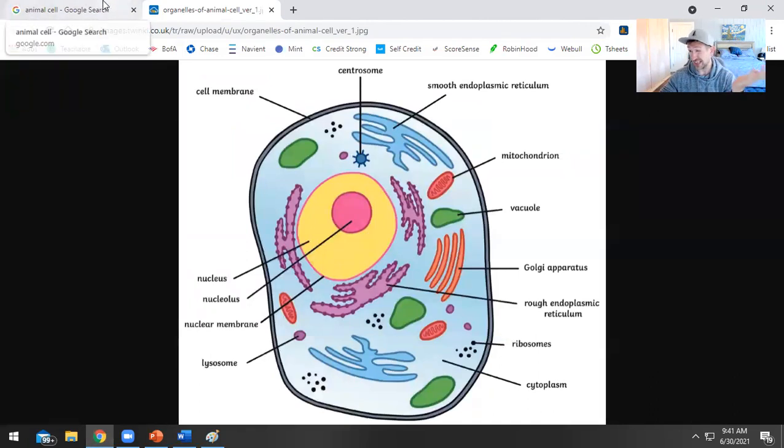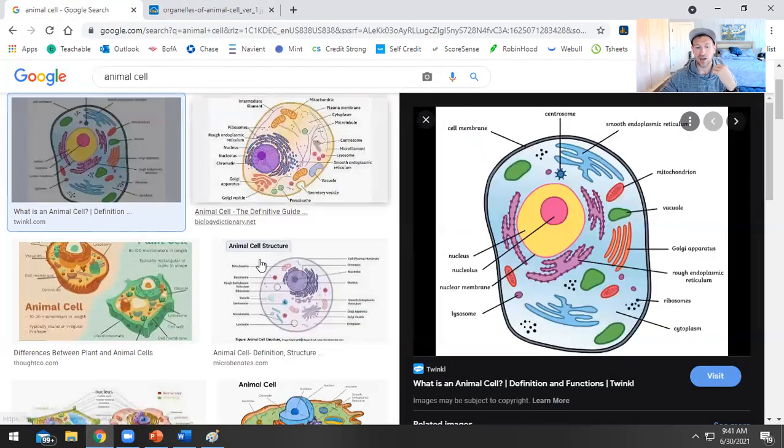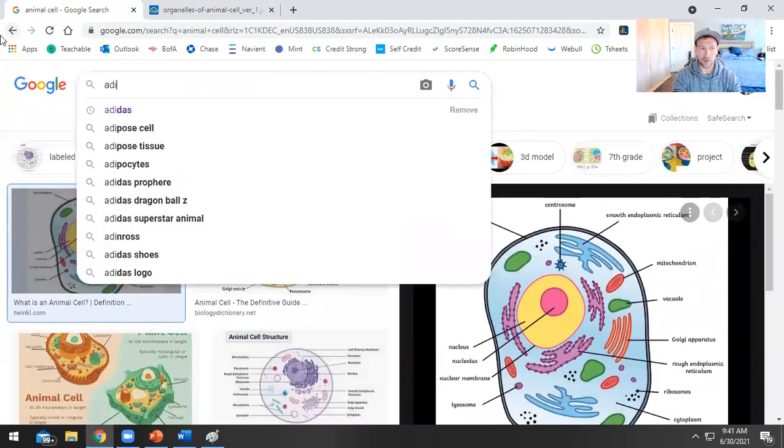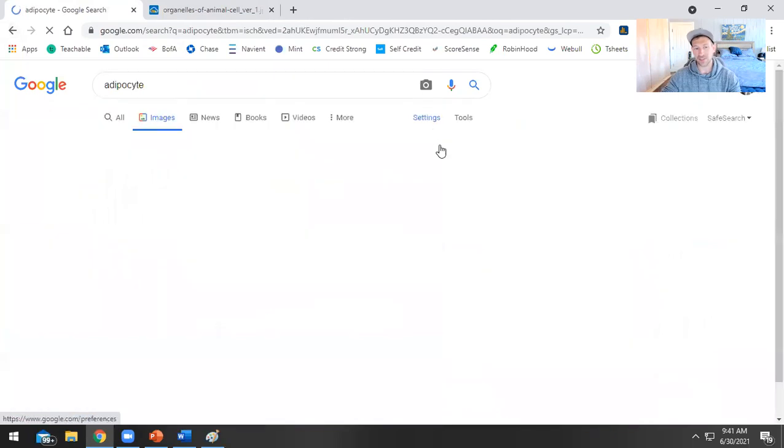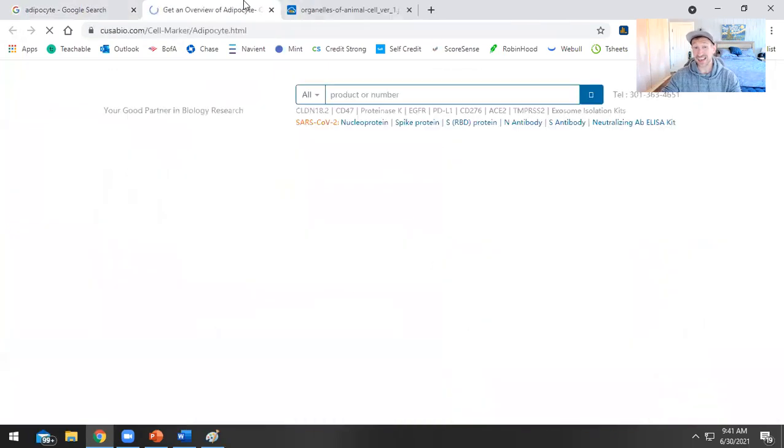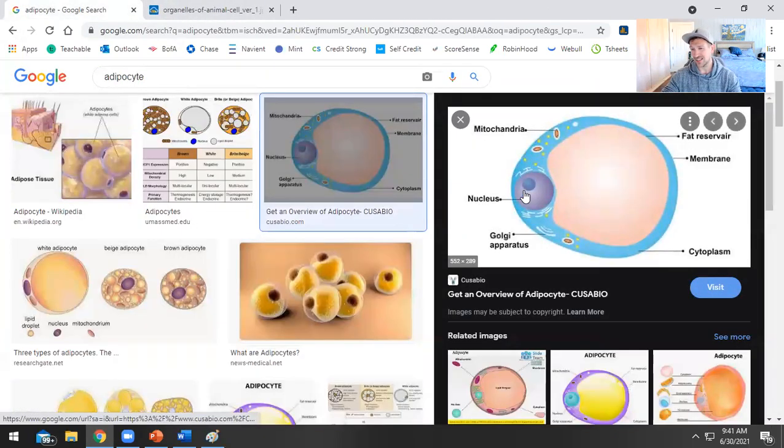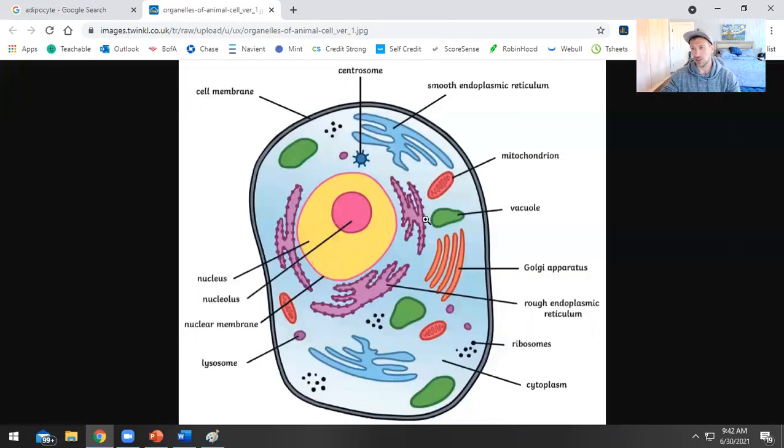The closest you can get to this type of cell would be a fat cell. If you look at an adipocyte, which is a fat cell, it actually looks similar, because it's got the normal cell stuff in here, and then there's this little extra sac inside of it where it stores triglycerides. That's the fat part of the fat cell. So no cell actually looks like this, but every cell has all these pieces.